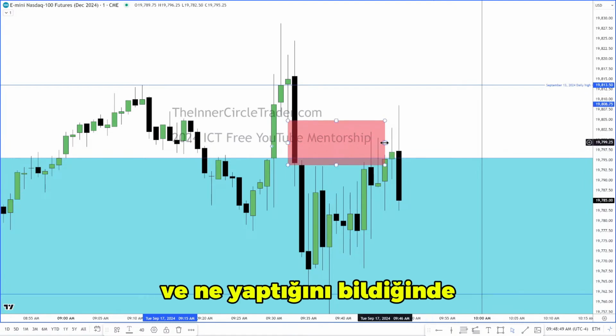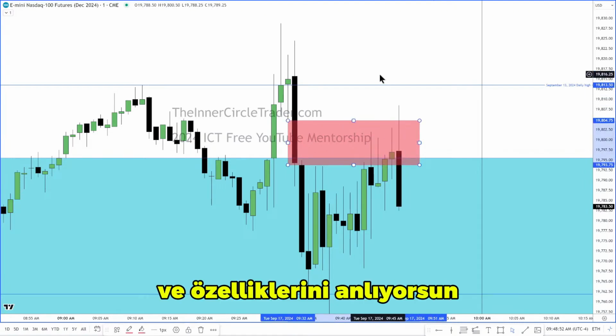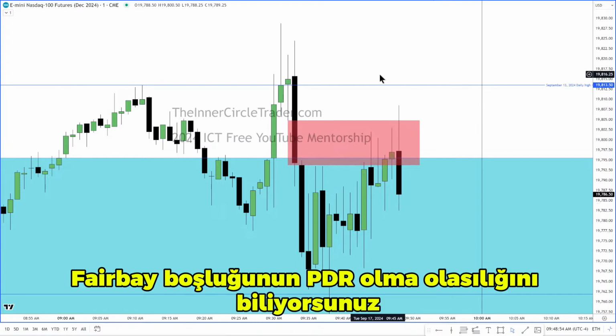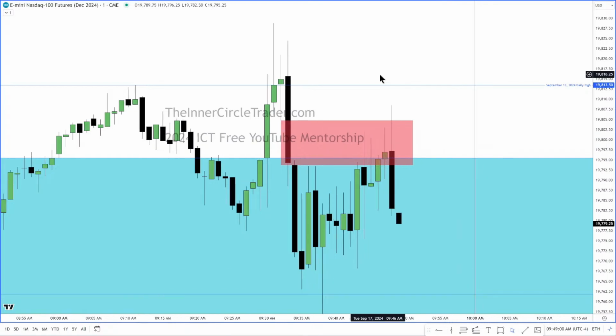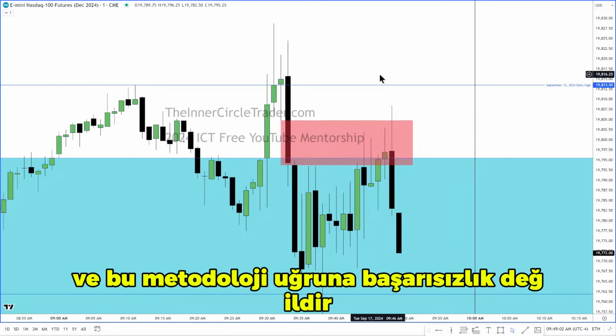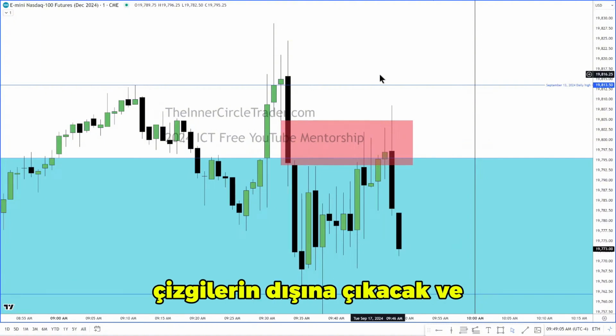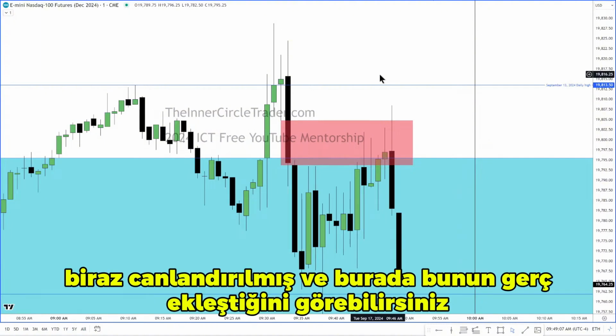And when you know what you're doing and you understand the characteristics, you know what is going to happen. You know the likelihood that a fair value gap, a PD array, might work through them. And that's not failure of the methodology. It just means that it's going to color outside the lines and get a little animated. And you can see that happening here.